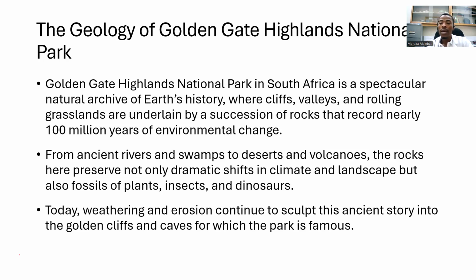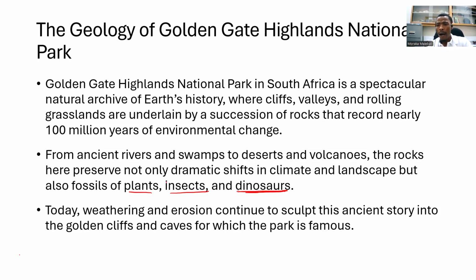That's what we see in the Clarens, especially the upper part, and then the sedimentation was halted by the volcanoes. So the rocks here preserve not only dramatic shifts in climates and landscape, but also fossils of plants, insects, and dinosaurs. This is what we like this area for. It records the evidence of the dinosaurs, the insects and also the plants.